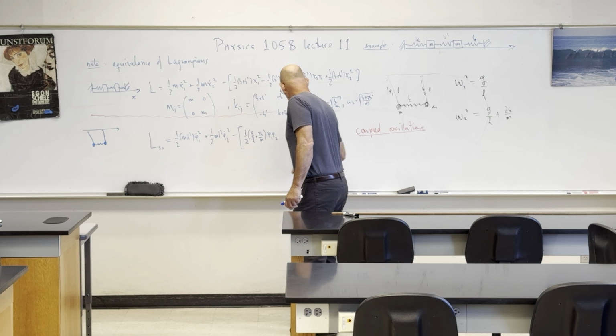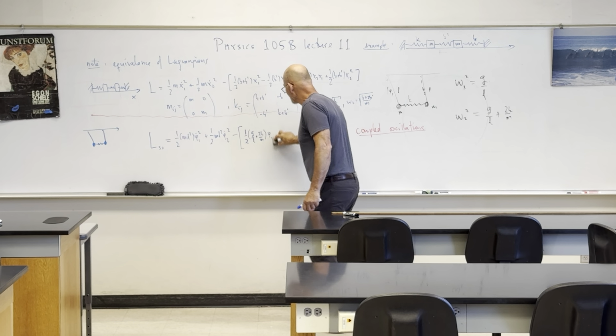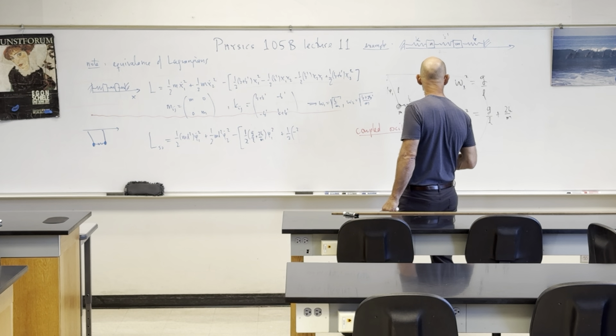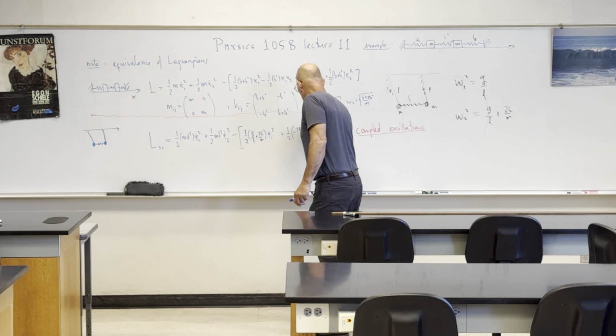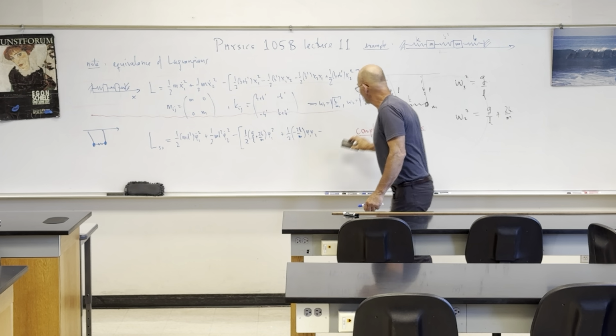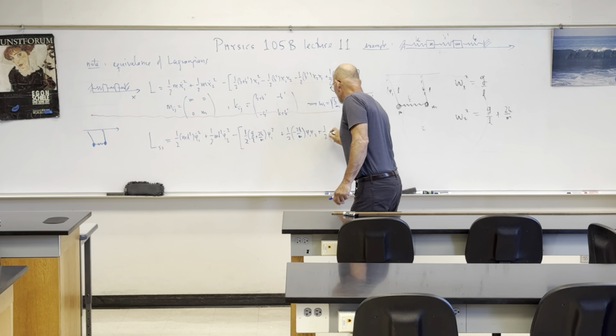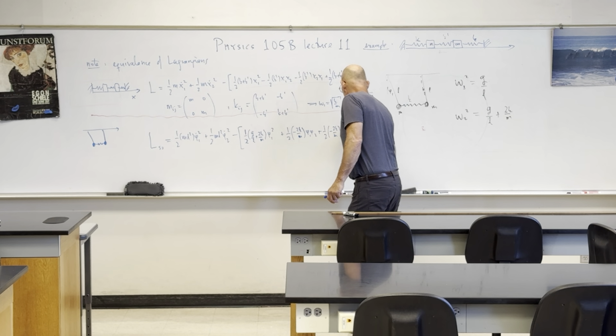We had it all, oh, p1, sorry, p1 squared. Plus, I'm going to do a little trick here, minus, was it 2K over M or K over M? It was 2K over M. 2K over M, p1 p2, minus, or plus, negative 2K over M, p2 p1, plus 1/2.